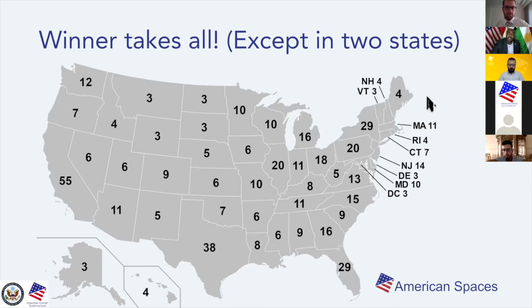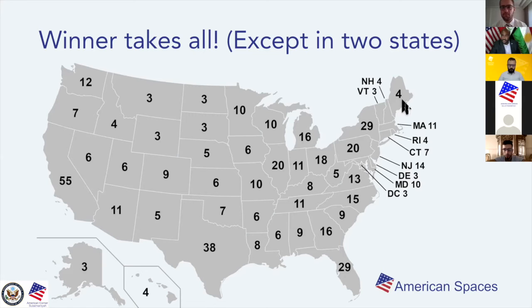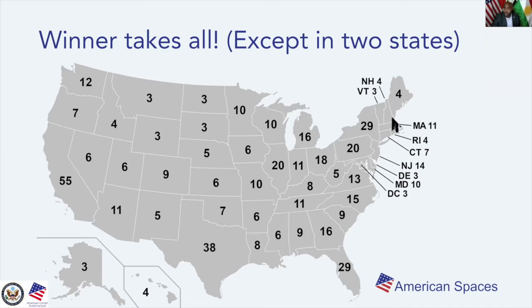What these states decided to do is they allocate their electoral votes proportionately. So Maine, for example, has two congressional districts, two House of Representatives districts. They give 2 votes to the person who wins the overall vote in the state, and then each congressional district essentially gets its own vote.